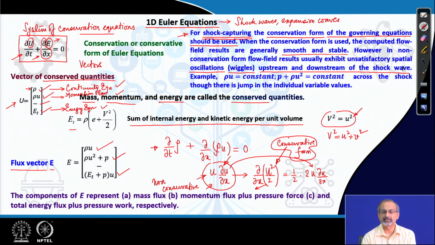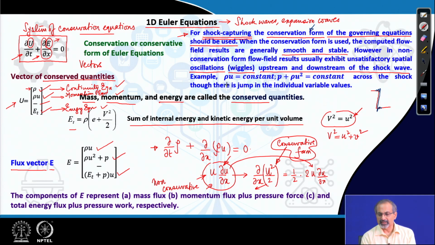In a previous lecture you saw that certain numerical schemes, when they want to capture the jump discontinuities, develop oscillations. So, there are some kind of wiggles which are formed here. These oscillations can be largely avoided when you use the conservation forms of the equations.